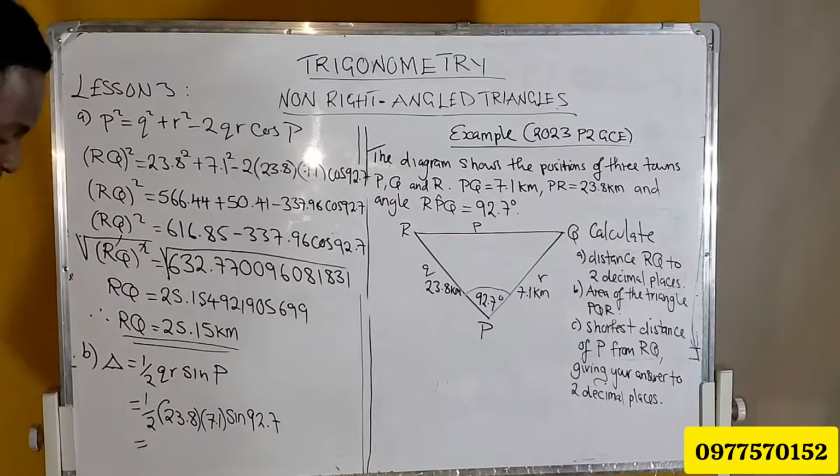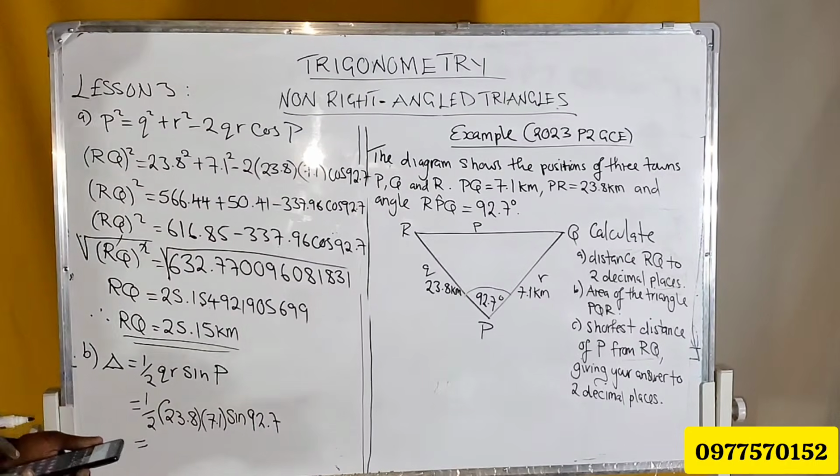You can just punch everything on a calculator. You can say 0.5, which is half, multiplied by 23.8, multiplied by 7.1, then sine 92.7.